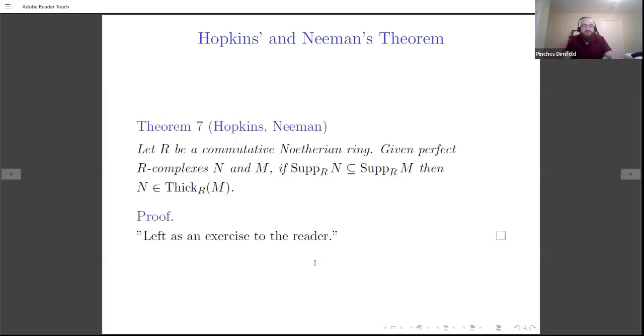And the proof of this is left as an exercise to the reader. It's highly non-trivial. You have to go to tensor triangulated categories. Oh, this was a joke. It's amazing that this would be true. I'm really puzzled that such a result can hold.